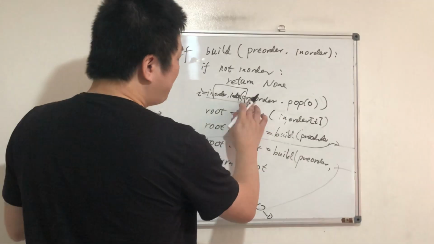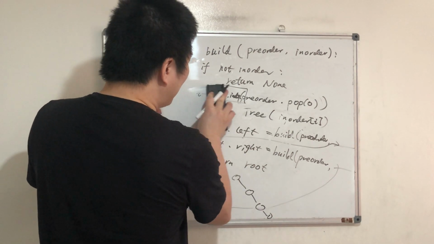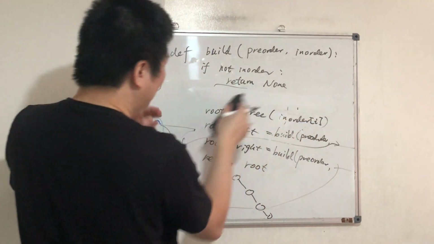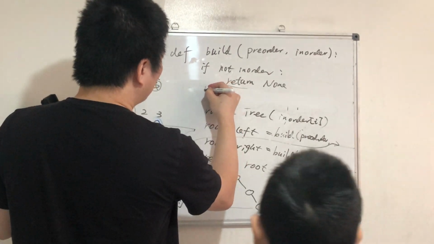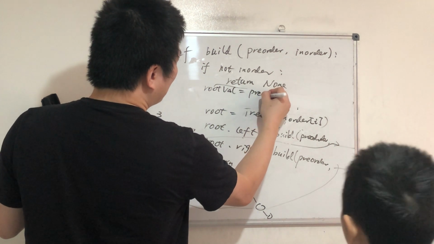So look, instead of this preorder.pop, we can write this: root value equals preorder[0], the first one.